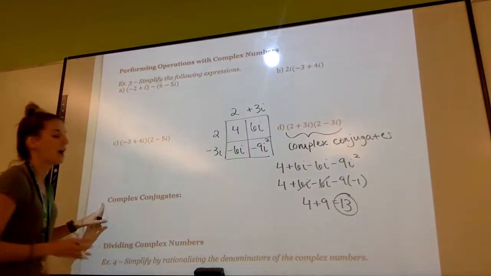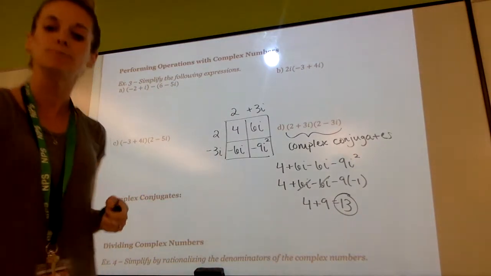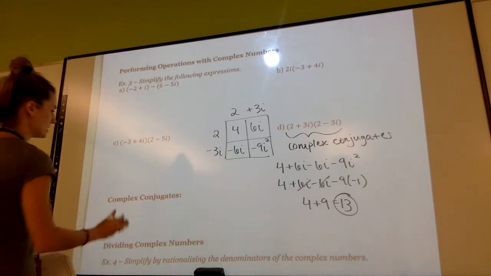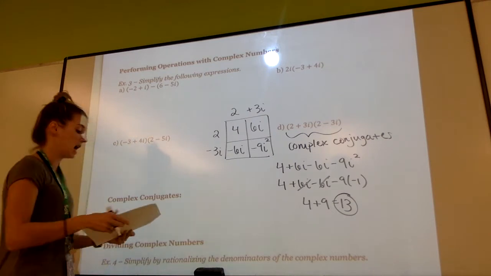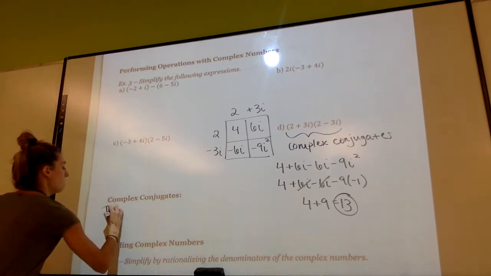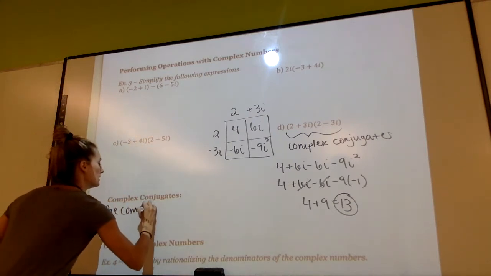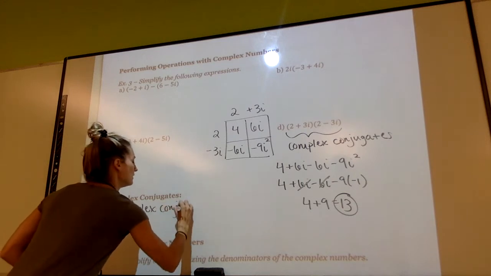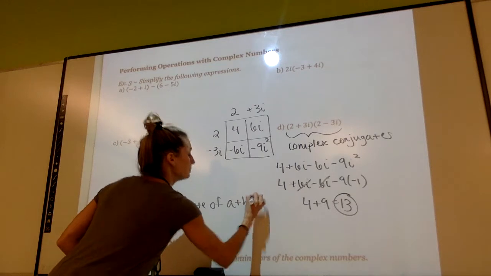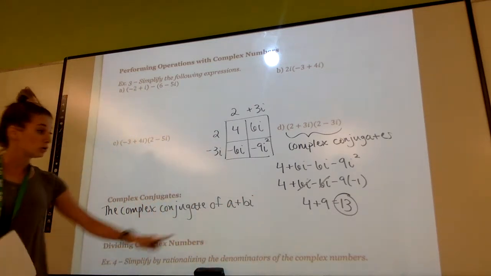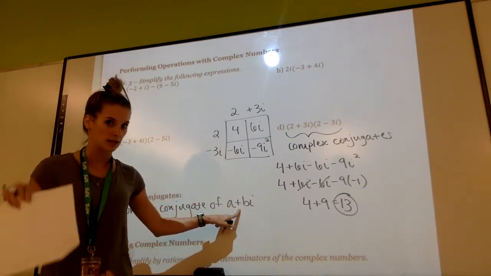And so let's define complex conjugates more formally. Remember what the standard form of a complex number is, a plus bi. So if you're finding the complex conjugate of a plus bi, all you do is change the sign of just the imaginary part.